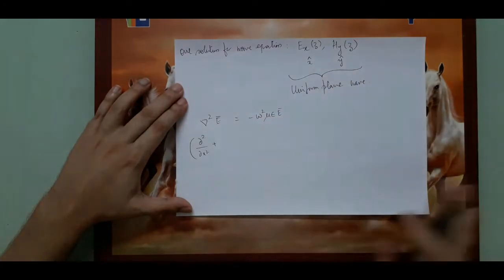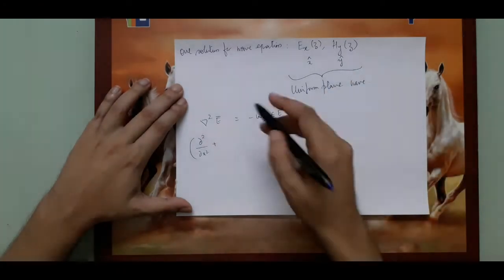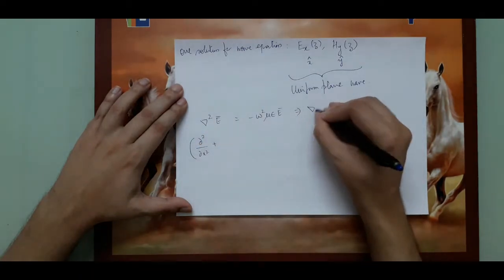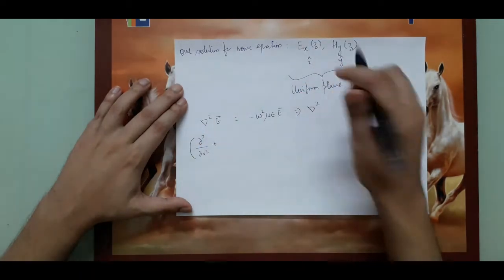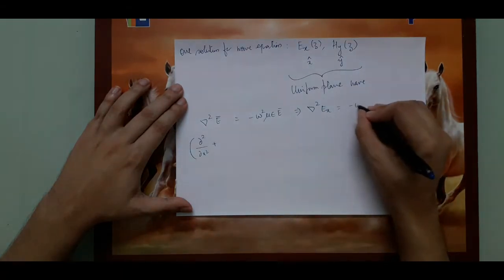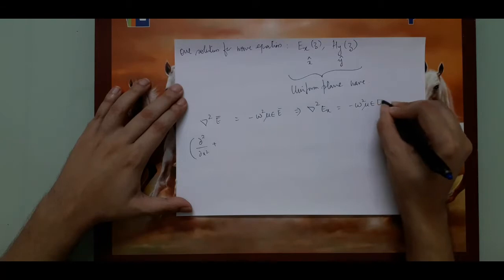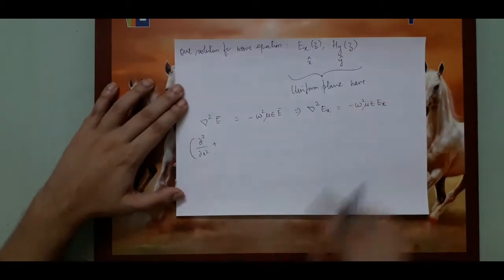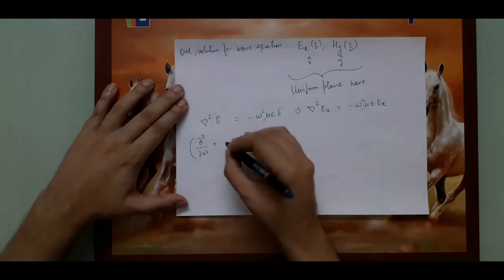So right now I am doing away with the vector notation because I know that since the electric field exists only on one axis, I can simply say this. Now there is no need to put any vector notation because for electric field this condition must be satisfied.